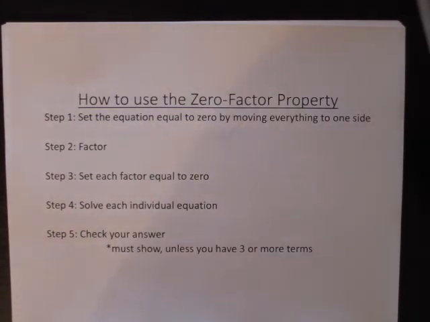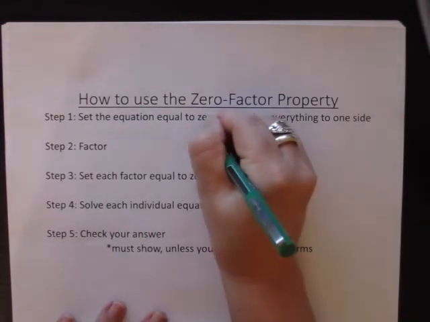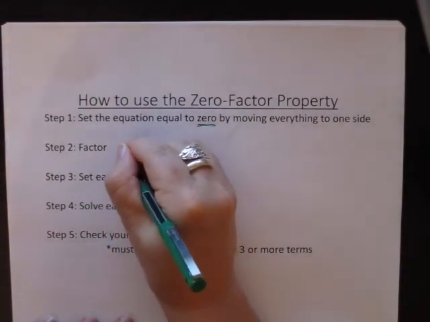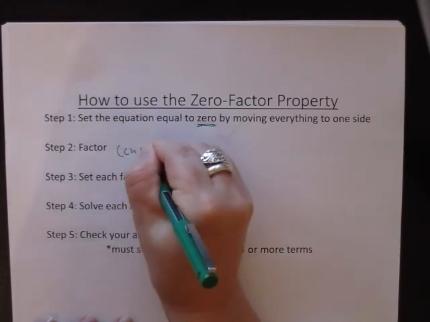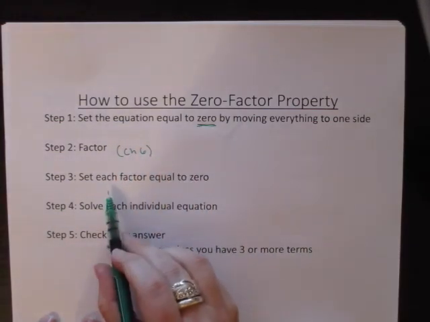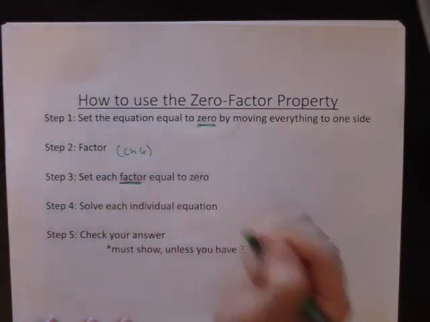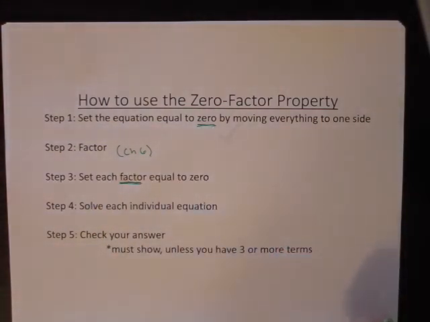So how to use the zero factor property. First, we set the equation equal to 0 by moving everything to one side. Does it matter if it's to the right or the left? Absolutely not, just to one side. Step 2, we have to factor. This is all that we've been doing in chapter 6. Step 3, set each factor equal to 0. When we factor it out, we're going to set that binomial or trinomial equal to 0.